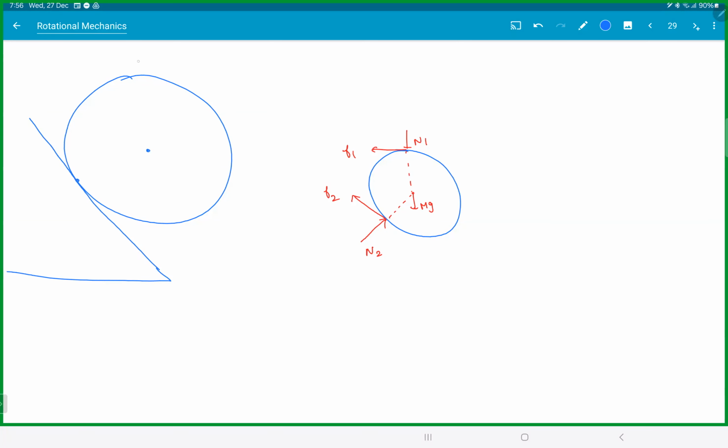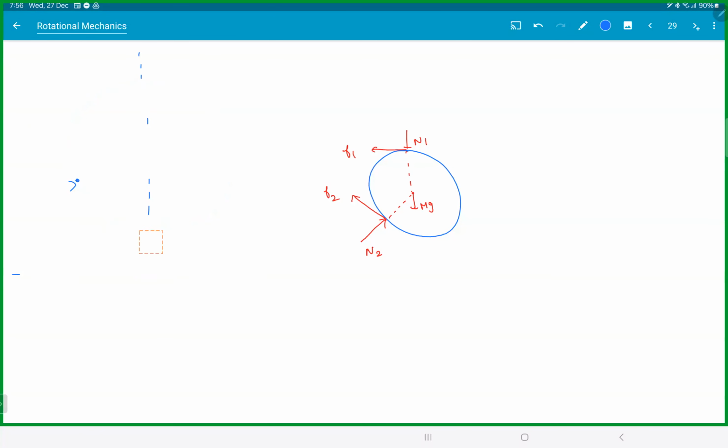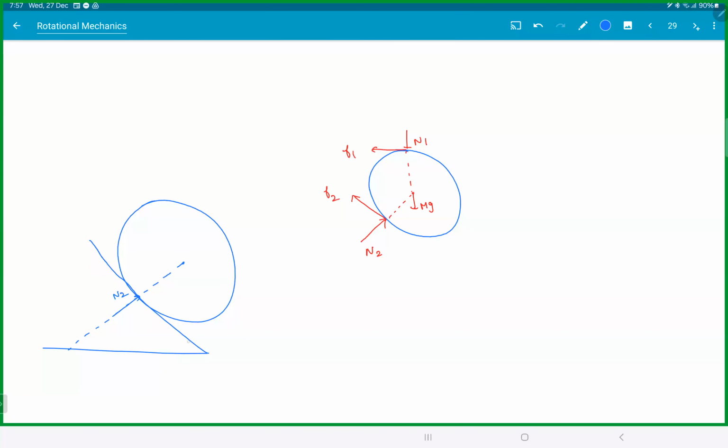So if you want to take torque about this point, this is the center. This is N2.